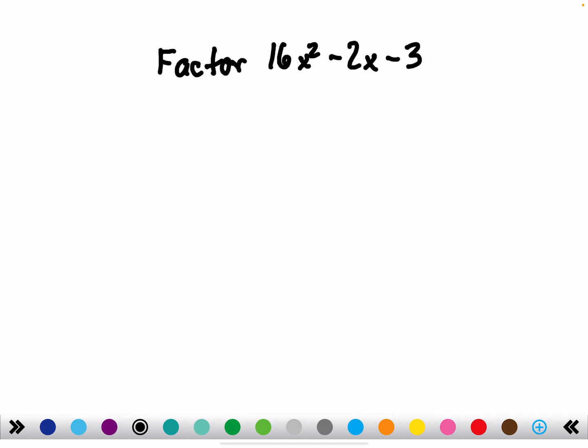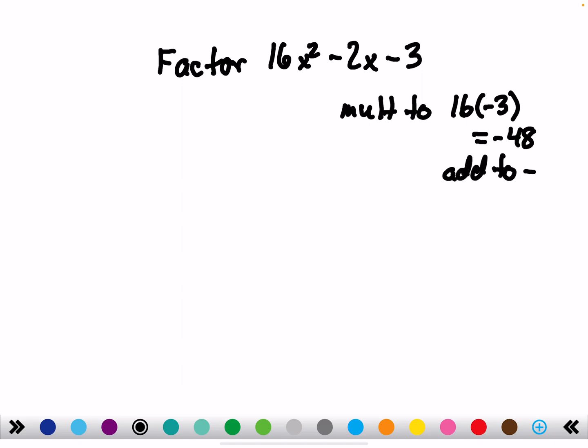Now let's factor 16x squared minus 2x minus 3. We need to ask ourselves the factoring question. What are two numbers that multiply to 16 times negative 3? Well, that's negative 48. And they add to negative 2.